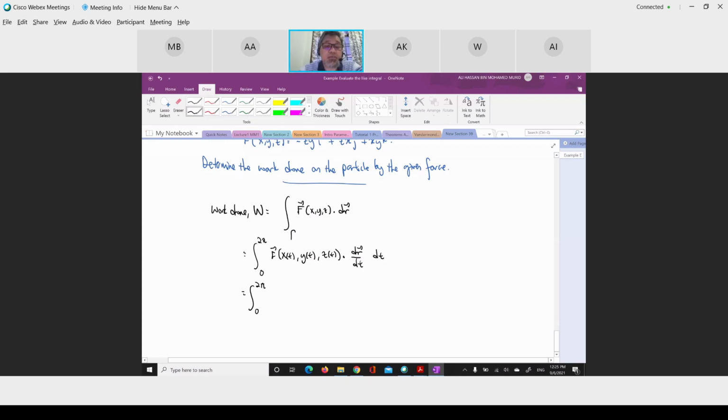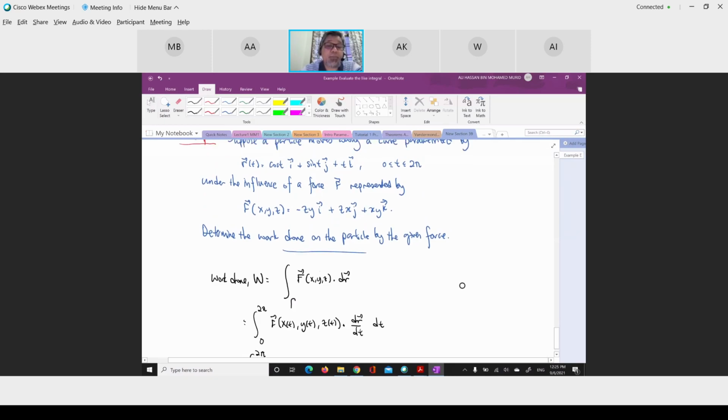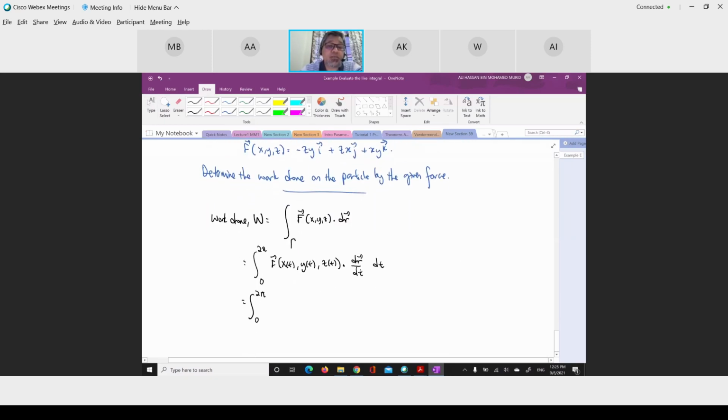So look at the vector field F. We have minus zy i, so we replace z by z(t), y by y(t), and then we have zx j. Replace z by z(t), x by x(t), and then we have xy k.